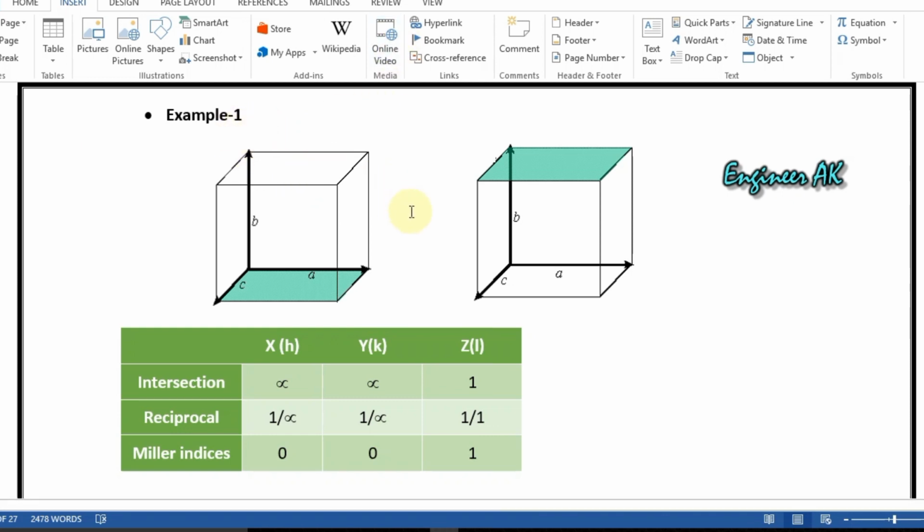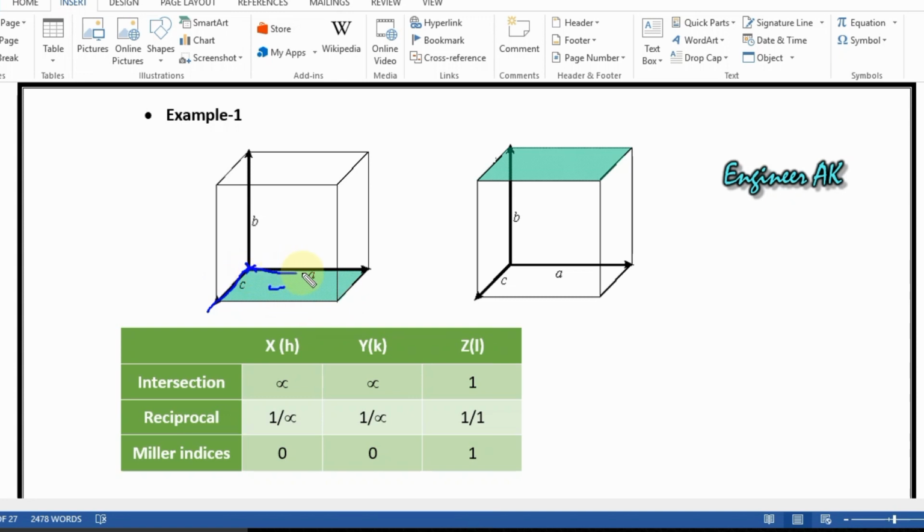So let's get started. In this example 1, if I take this plane, and take this as my origin, and I move along the x-axis, it is parallel to this plane and not cutting it.